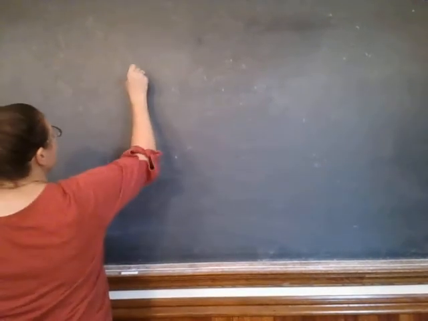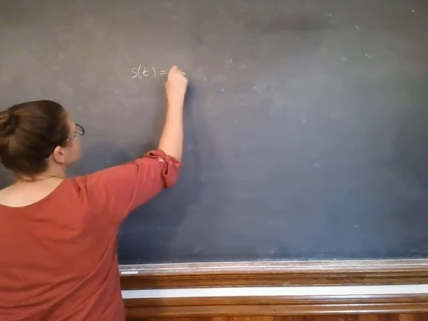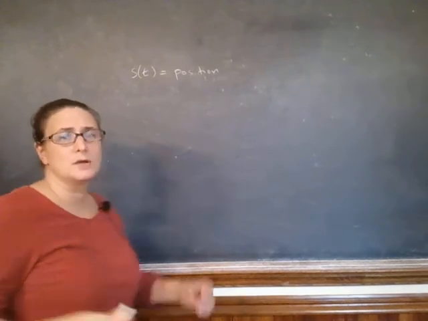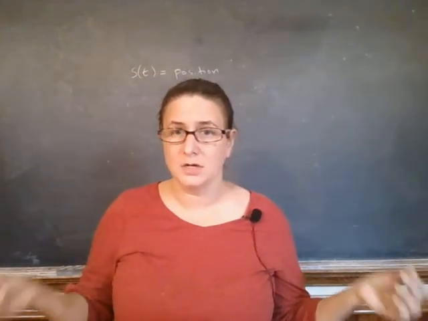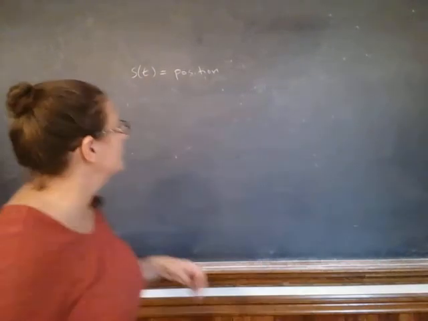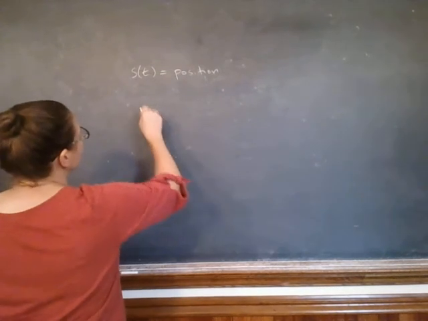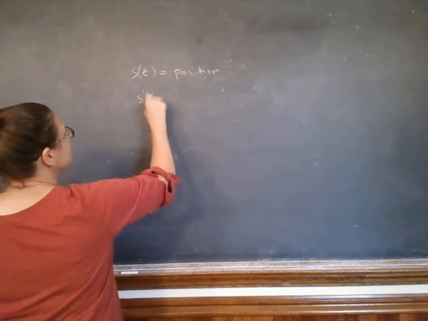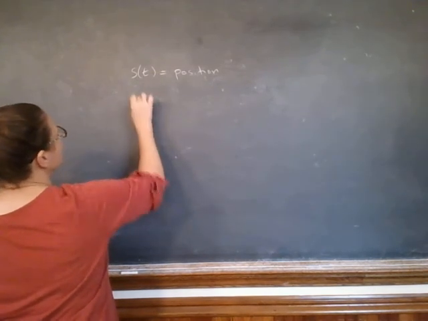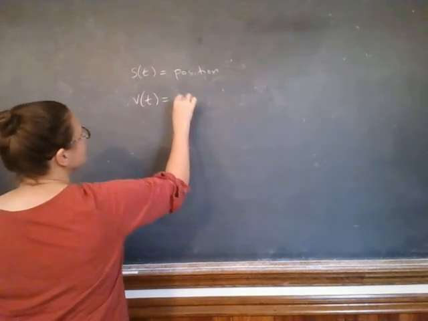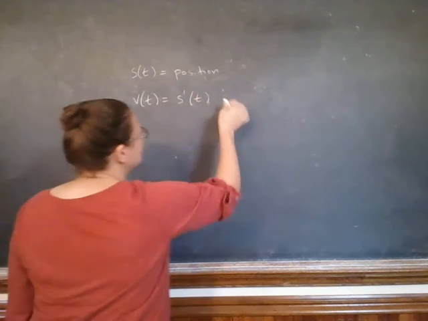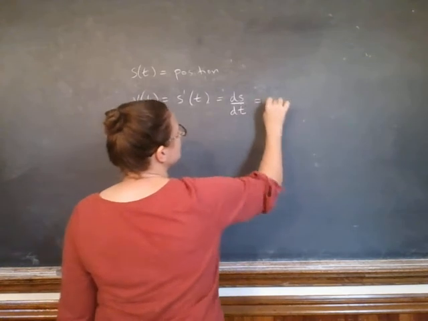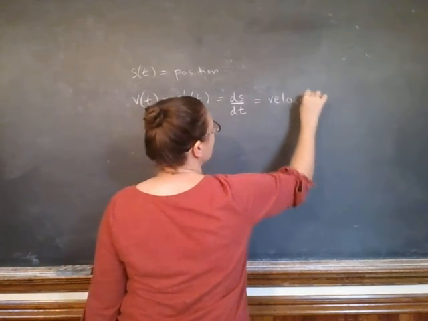So remember, if s of t is a position, and this is simply one-dimensional motion, the position at some time t of your particle, then the derivative s prime of t is the velocity. So with Leibniz notation, you would write ds dt. So this is the velocity function, right?